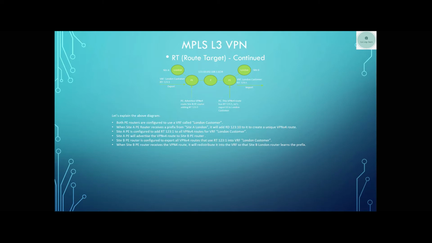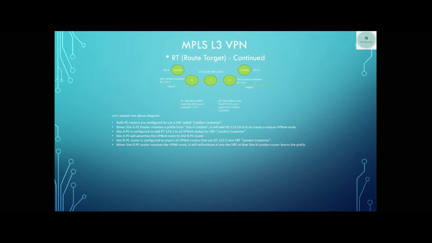When the site A PE router receives a prefix from site A London, it will add the RD, which is the route distinguisher, 123:10. Remember, we called it that. We said we're going to call it 123:10 to create a unique VPNv4 route. Okay. Site A PE is configured to add a route target of 123:1 to all VPNv4 routes for VRF London customer.